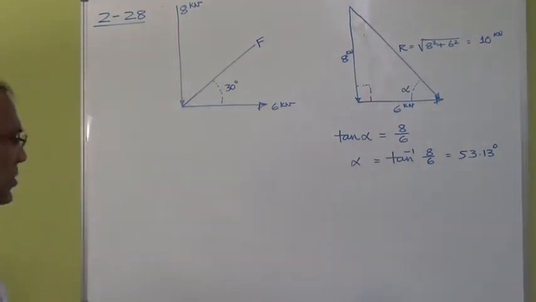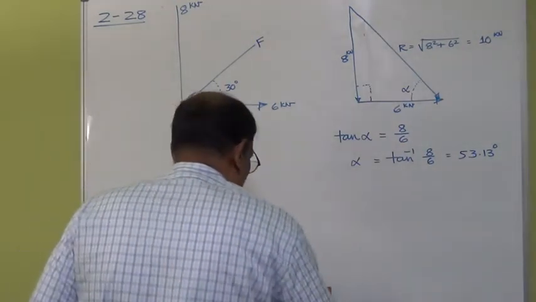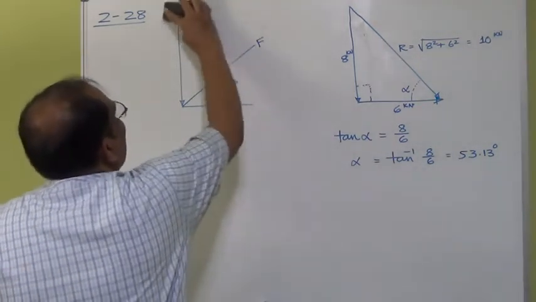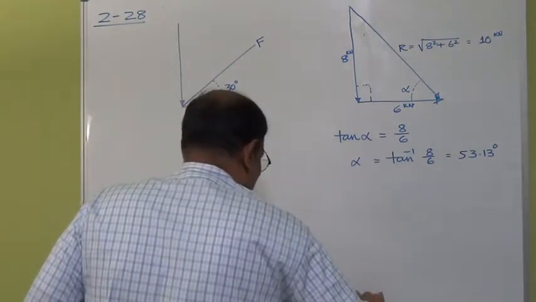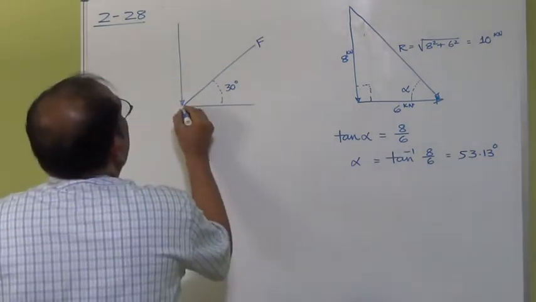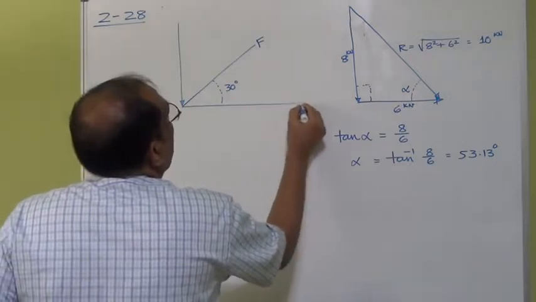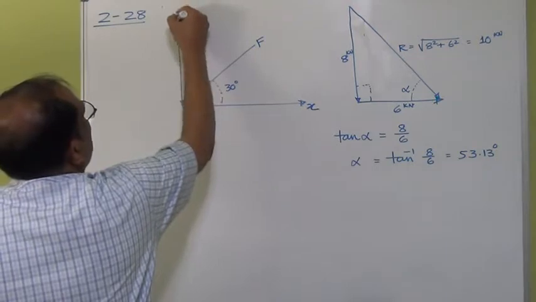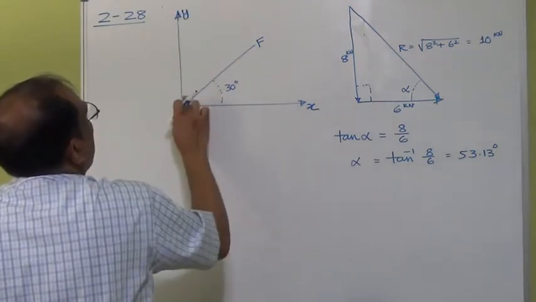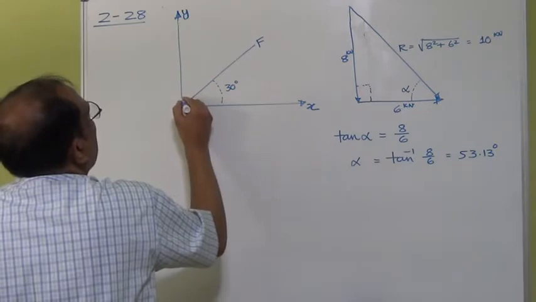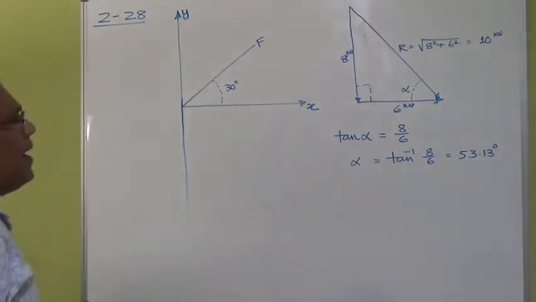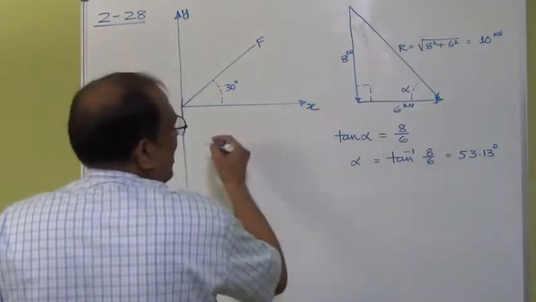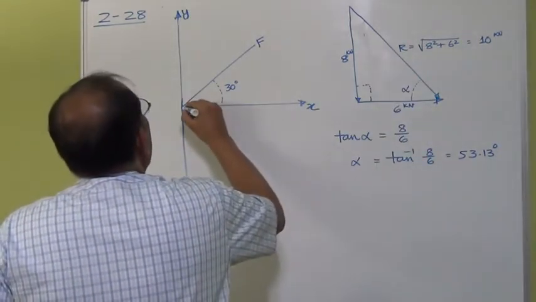Okay? So rather than showing these two forces here, let's say this is my x-axis and this is my y-axis here. Rather than these two forces, I can show only the resultant, which is working along here.